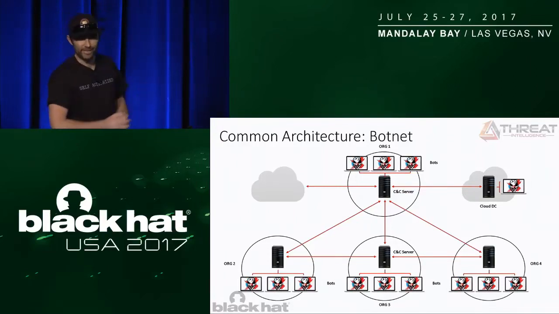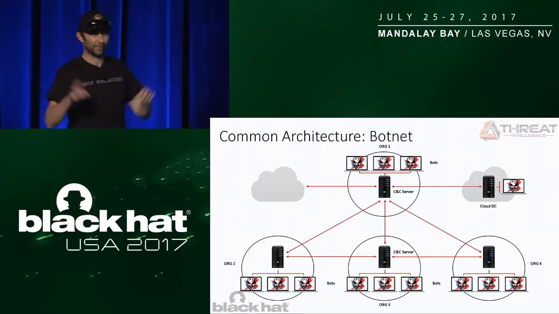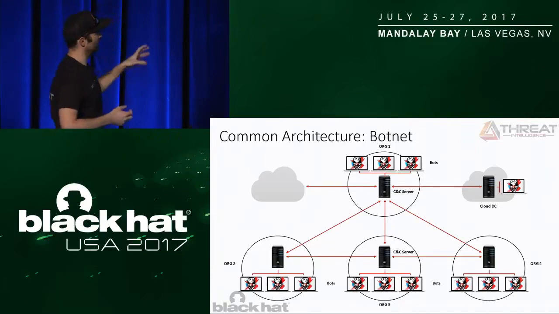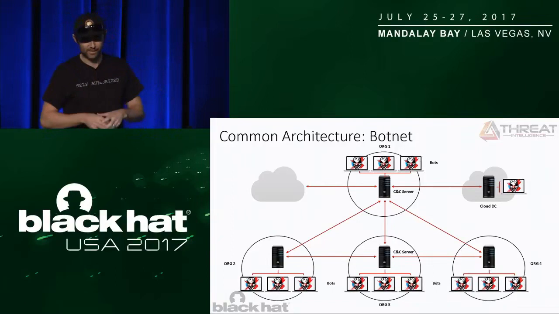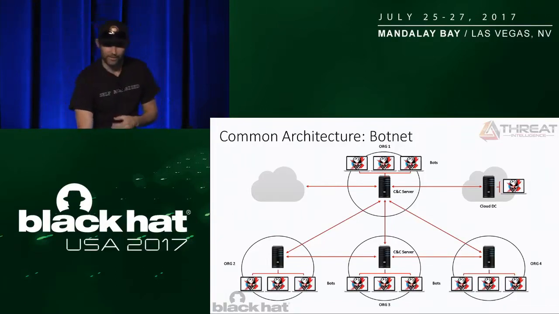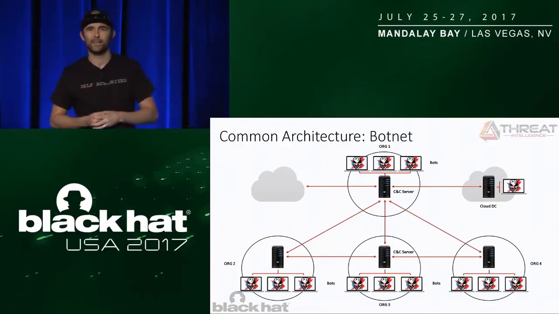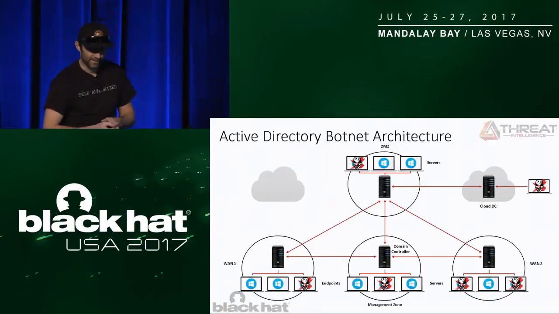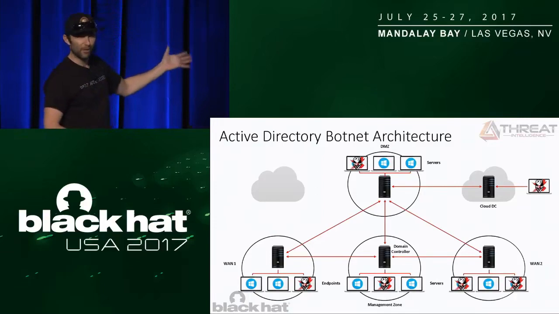And you don't necessarily need the command and control servers inside the organizations, but there's command and control systems on the internet, and within these different security zones or organizations, there are bots that communicate with the command and control systems, including bots sitting in the cloud, right? So what we're doing is combining the two similar concepts for a bot architecture and an AD architecture and creating the Active Directory botnet architecture, which is pretty much the same as both, right?